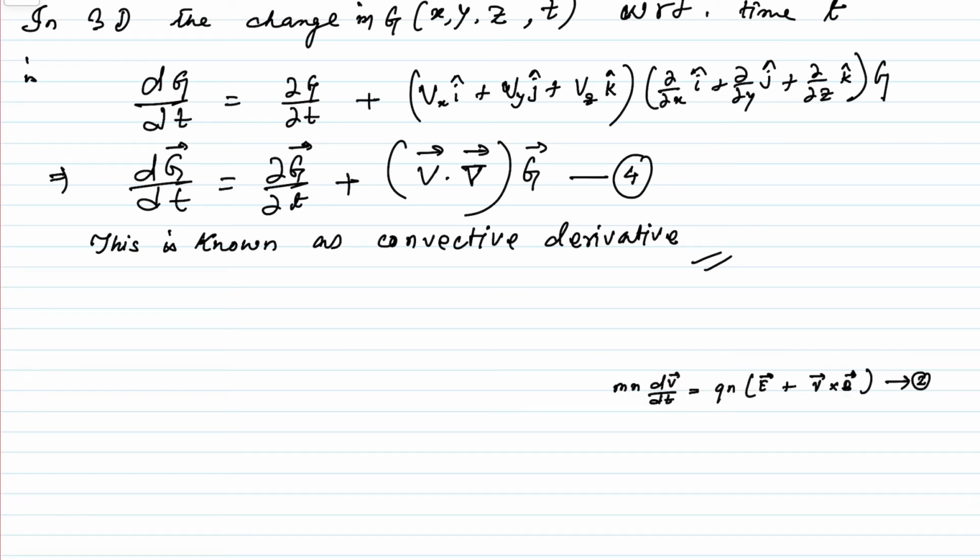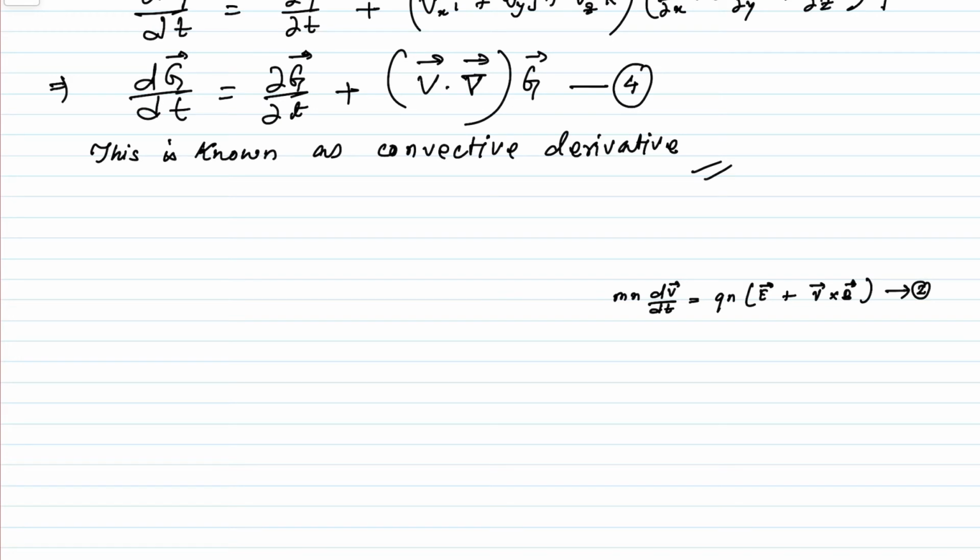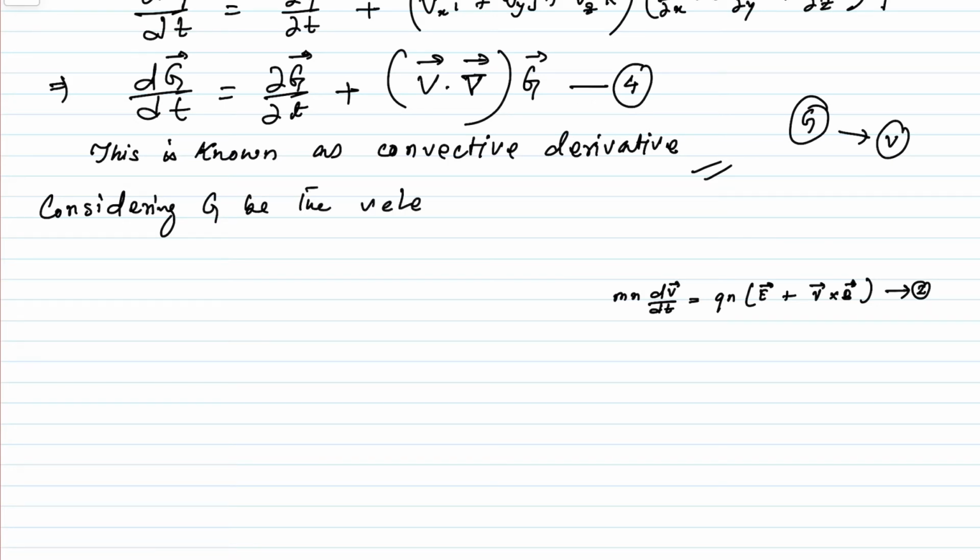Okay, so now you see here, if we consider this physical property z is the velocity v of the fluid.